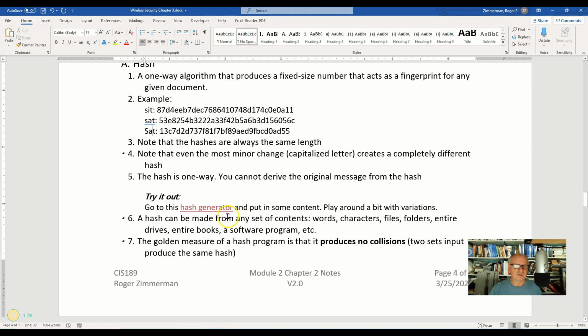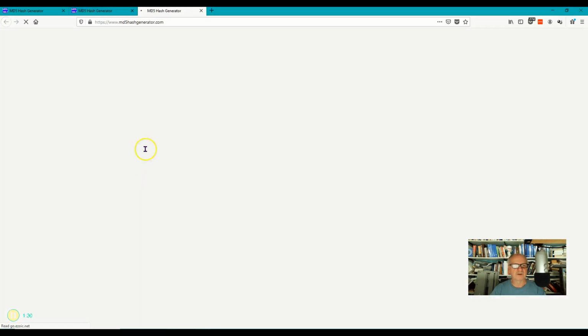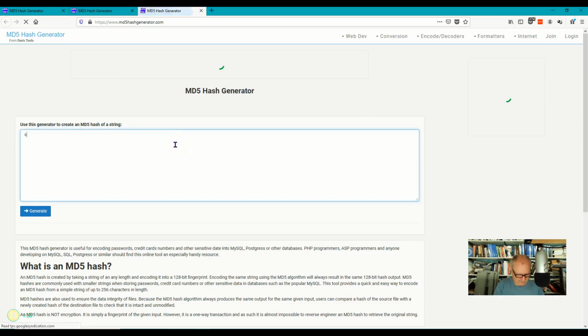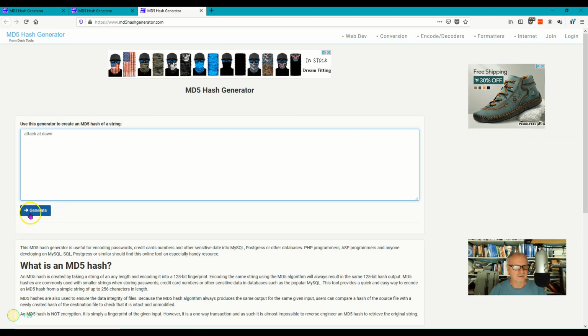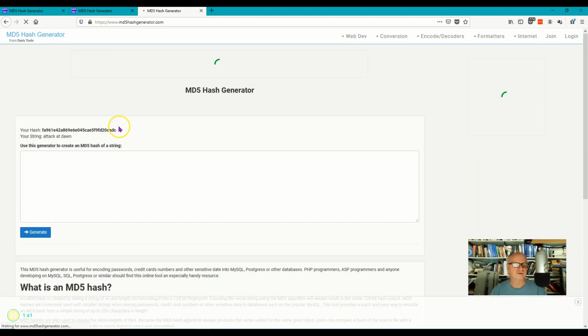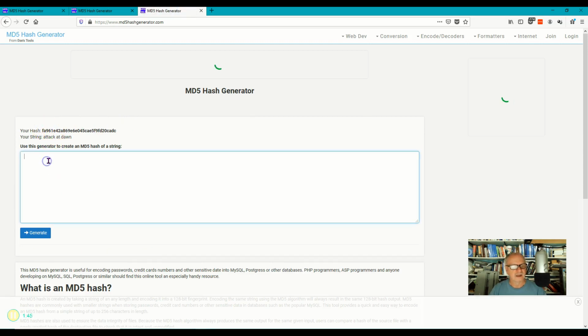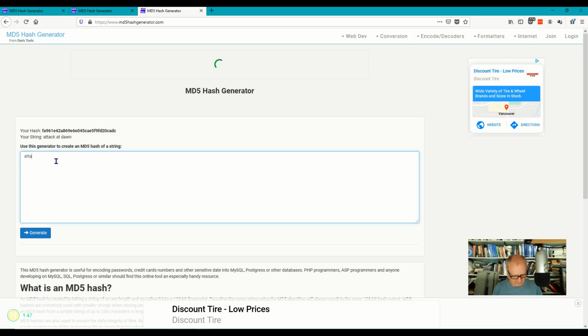Here's a hash generator if you're interested in playing around with it. And we'll just bring it up here, and I will type attack at dawn, and I'll click the generate button, and let's see what the MD5 hash is of this. FA961E. Alright, let's try this.